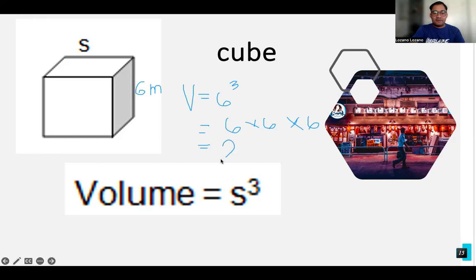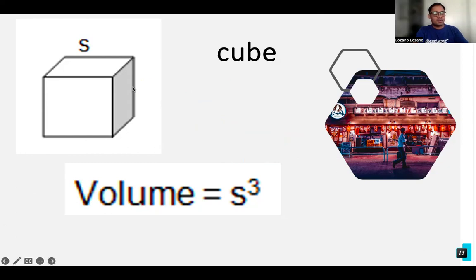We have 216 cubic meters, or meter cube. So that is how we measure the volume of a cube.